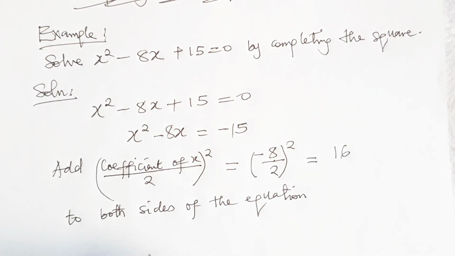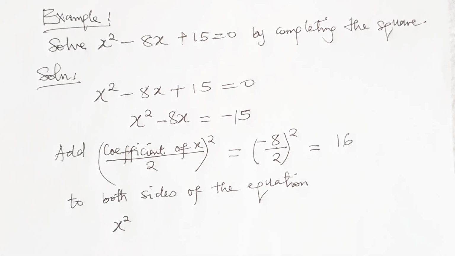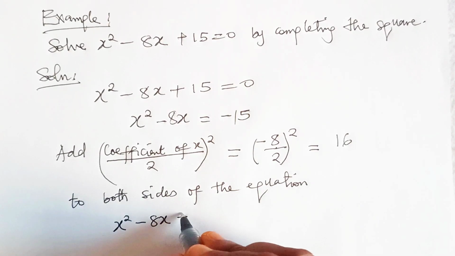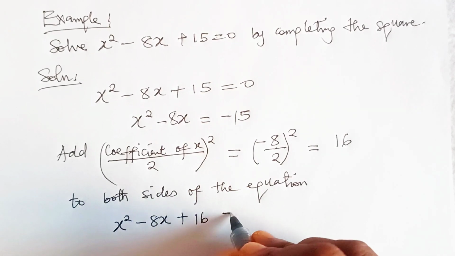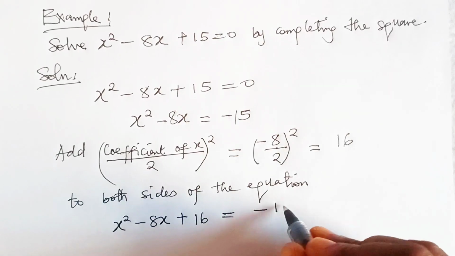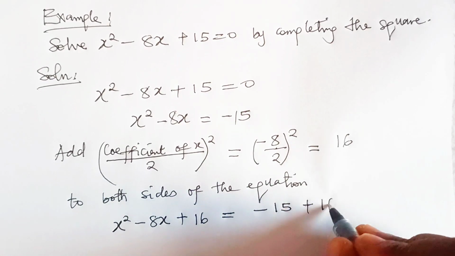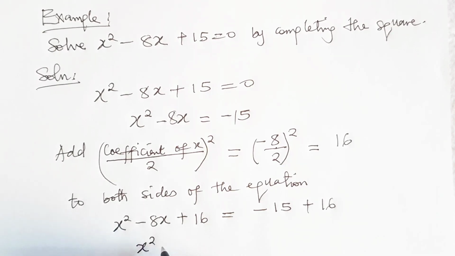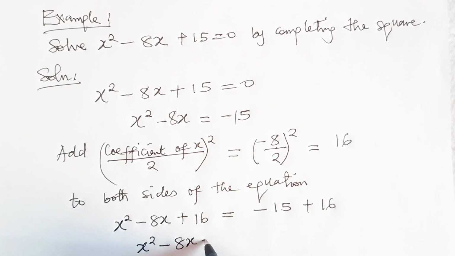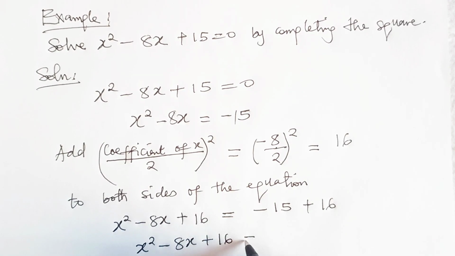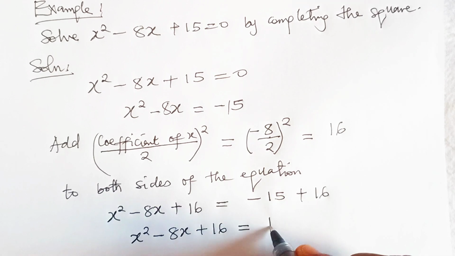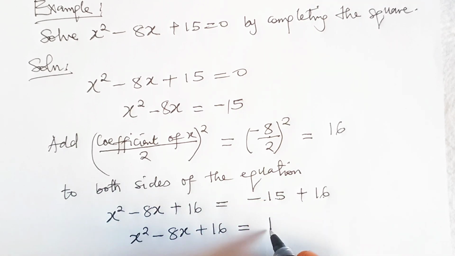That is x squared minus 8x plus 16 equal to minus 15 plus 16. This will give x squared minus 8x plus 16 equal to, the right hand side will be equal to 1. 16 minus 15 is 1.